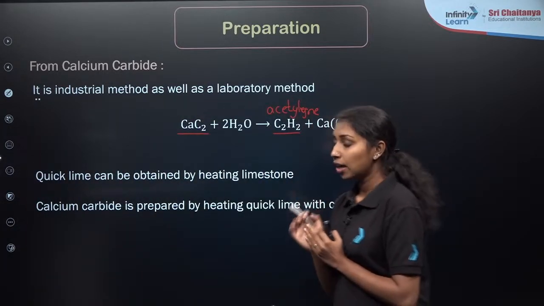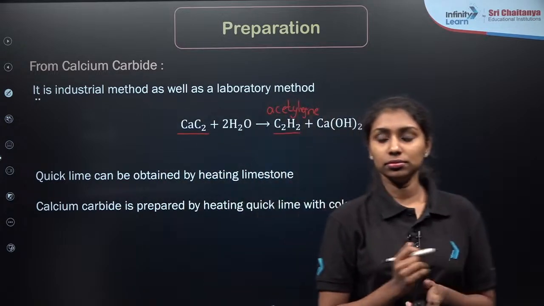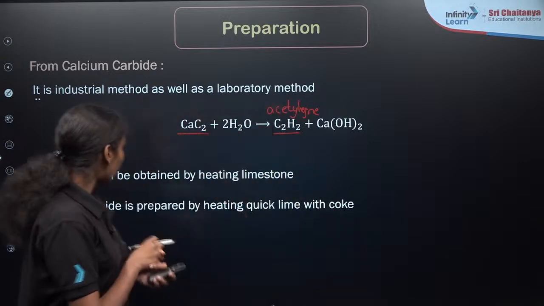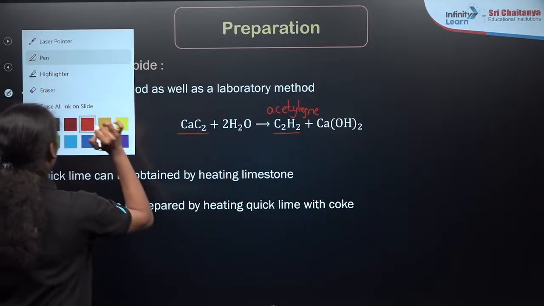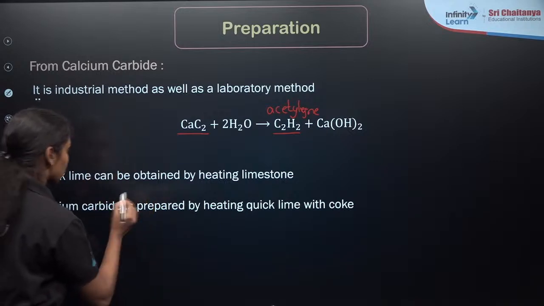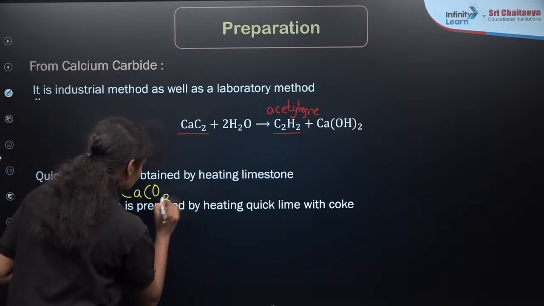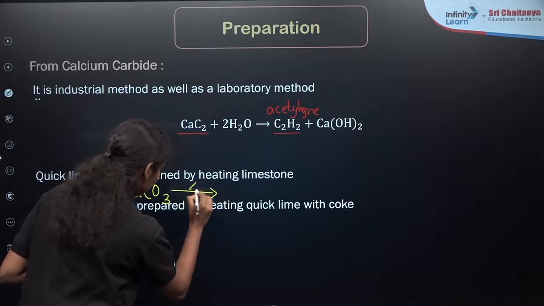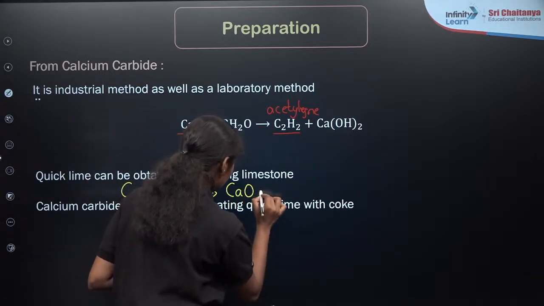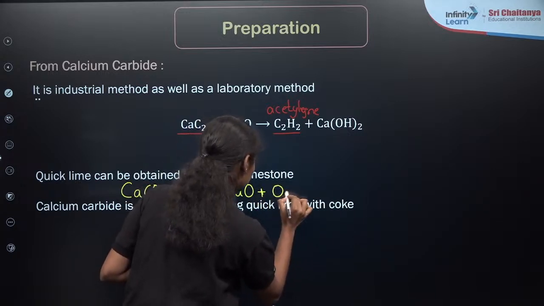So what do you mean by limestone? I hope you have already studied it in earlier classes. It's CaCO3, this is our limestone. On heating, this limestone produces calcium oxide plus carbon dioxide.